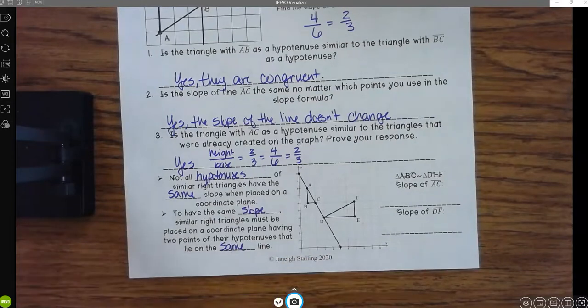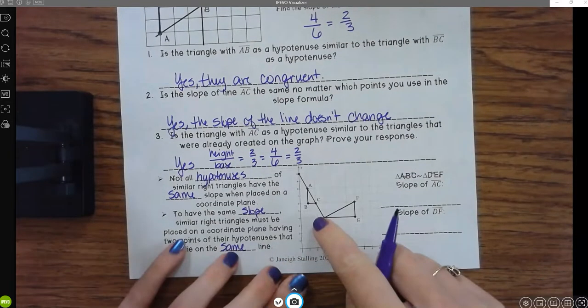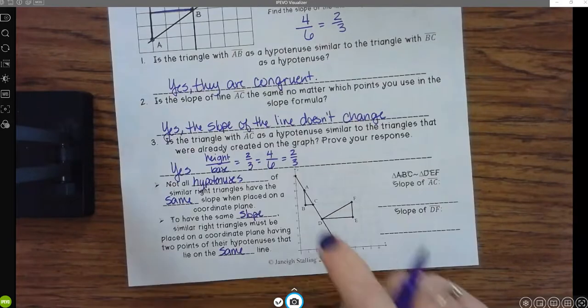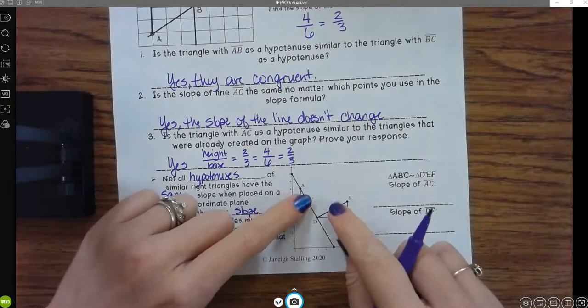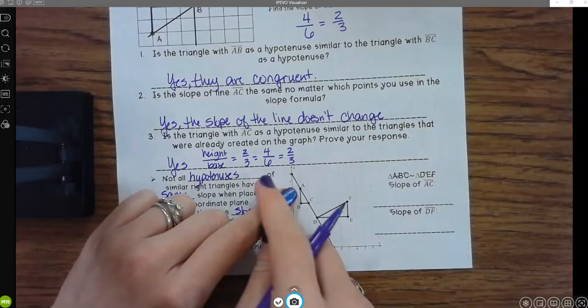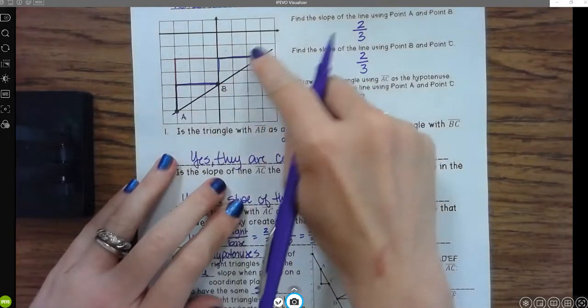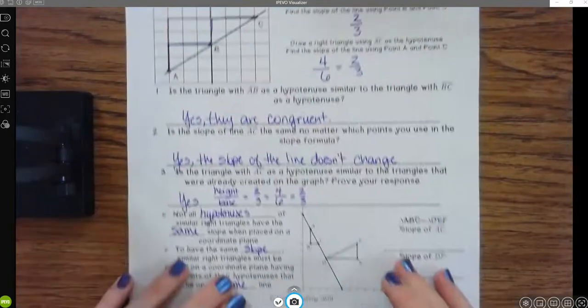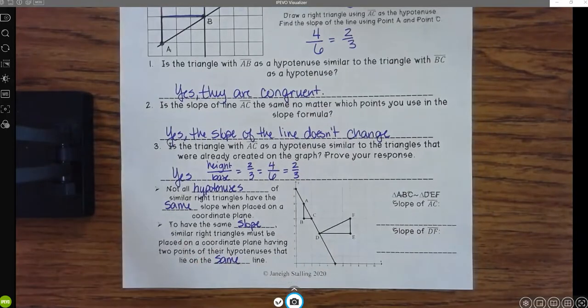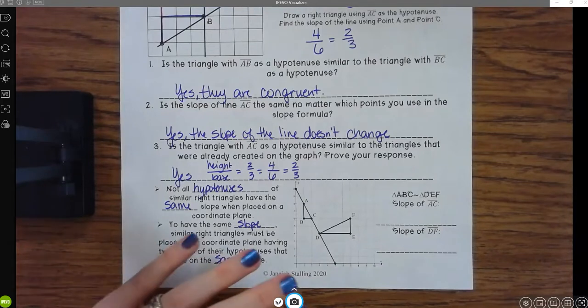So for the slopes to be the same, the hypotenuses of the right triangles must both lie on the same line, like they did here. In all these triangles, the hypotenuse is always on line AC. So if that doesn't happen, the slope may be different.